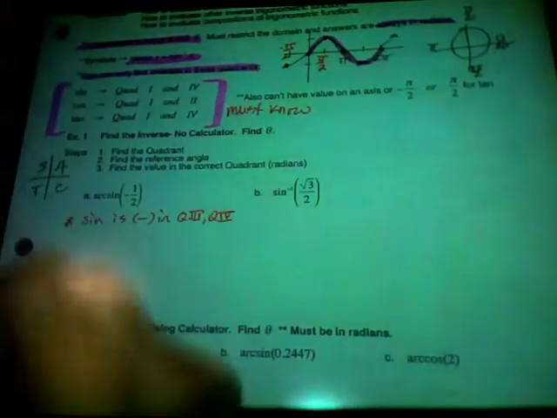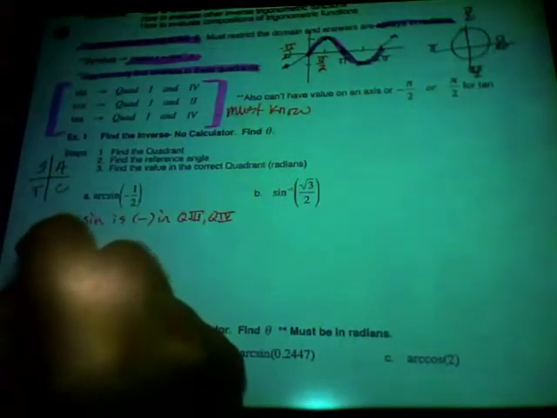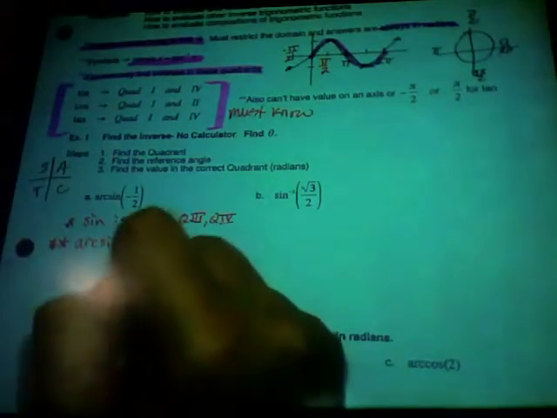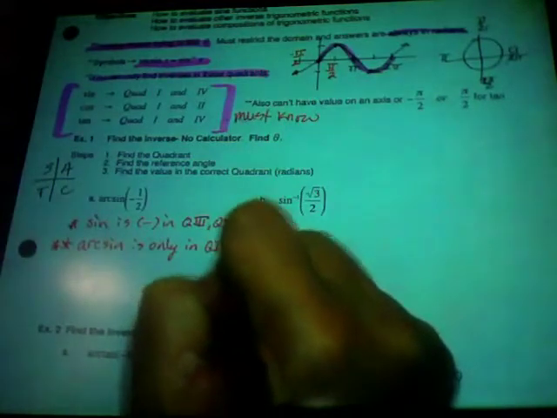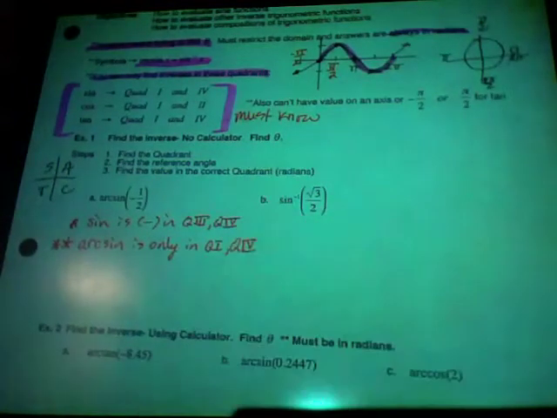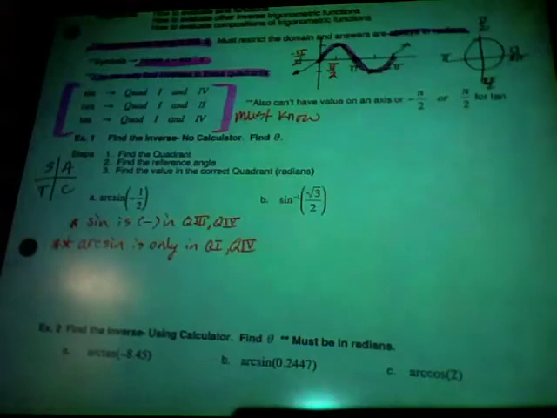But where can you have arc sine? Arc sine, look above, is only in quadrants 1 and 4. Where do they overlap? So I know that my quadrant is going to be quadrant 4.